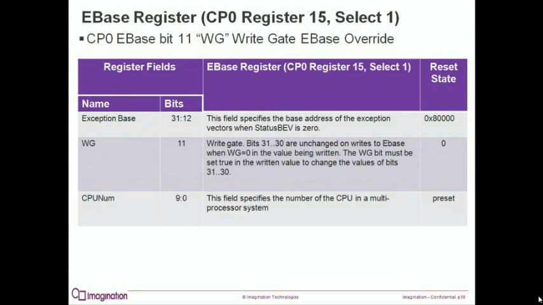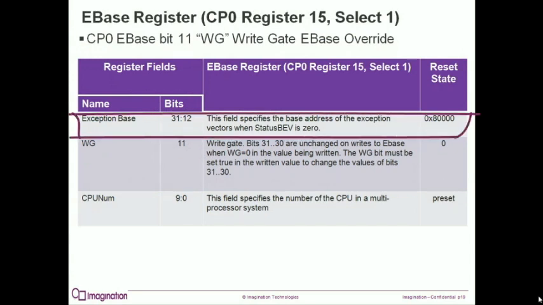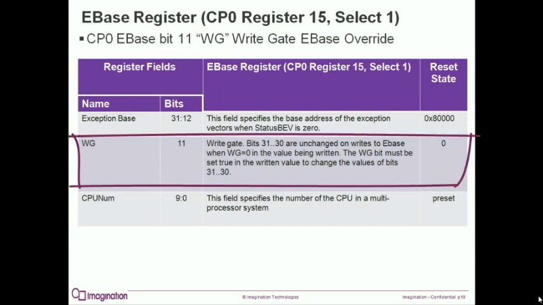The CP0 EBase register has three fields. The exception base field sets bits 12 through 31 of the exception base address. This is defaulted to 800000 hex at reset. The WG bit controls the writing of bits 31 through 39 of the exception base address.